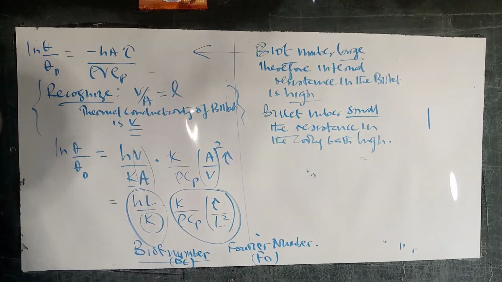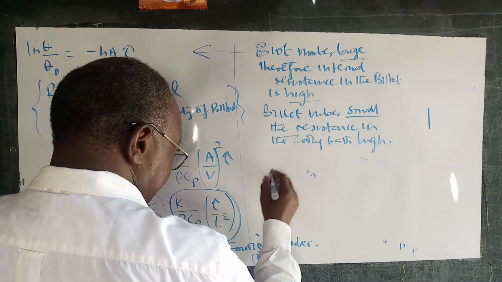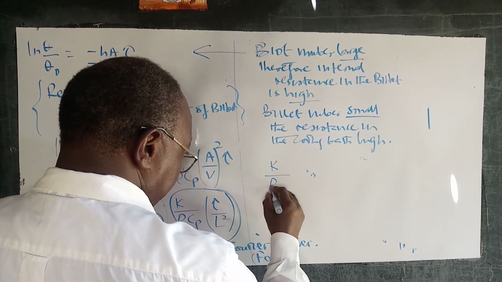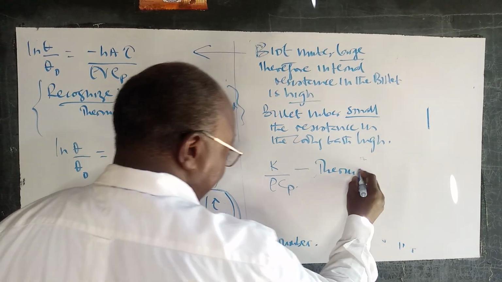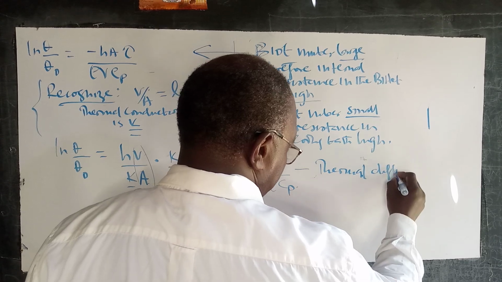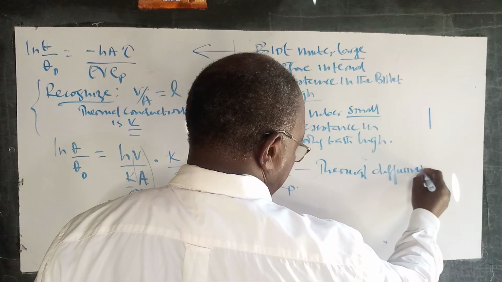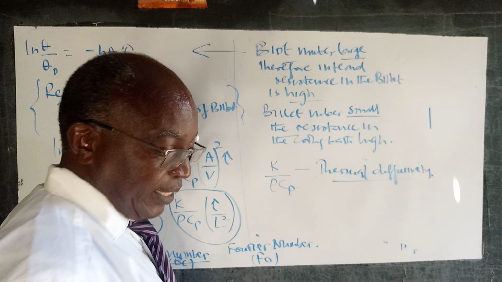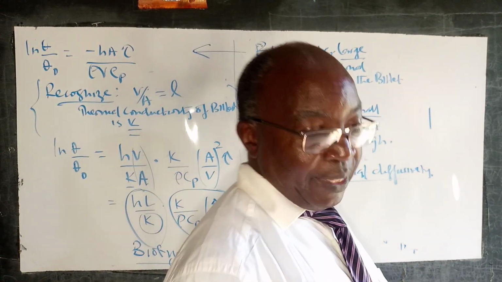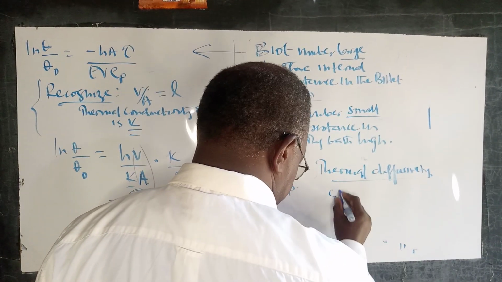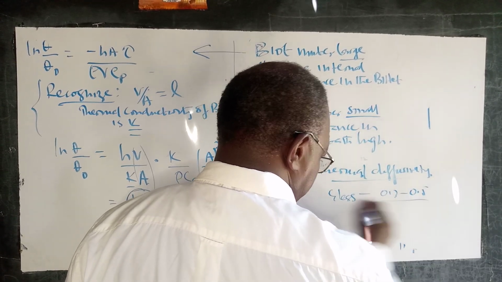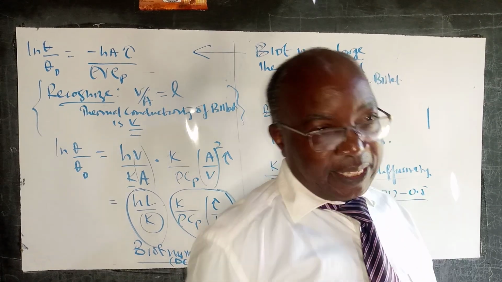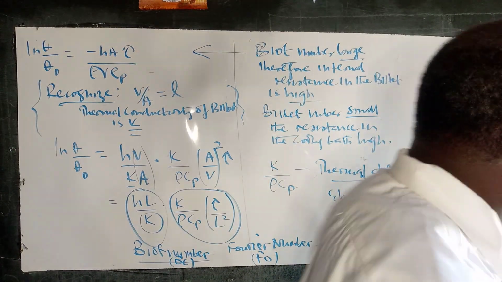Very important for us to note that. Now, this quantity, K over rho Cp, is referred to as thermal diffusivity. In most cases, thermal diffusivity increases with temperature. For non-metals it is a small thermal diffusivity, which ranges from 0.3 to 0.5. And for metals, it's relatively high, and the thermal diffusivity increases with the temperature.